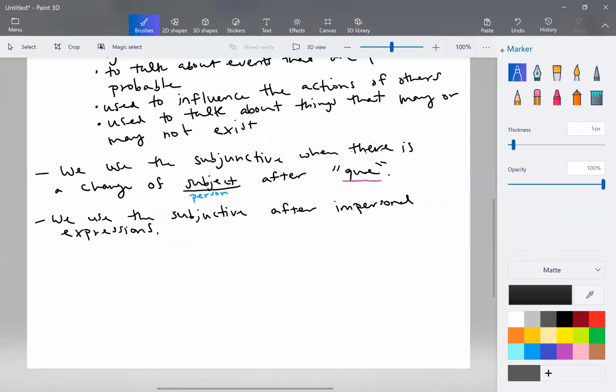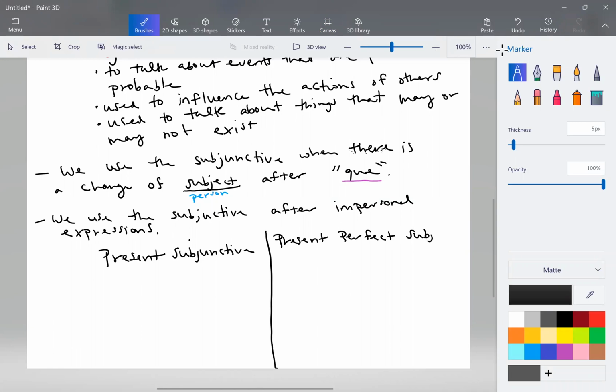So we have talked about the present subjunctive. And we've also talked about the present perfect subjunctive. Have you guys noticed anything about when we see the word perfect in a tense?